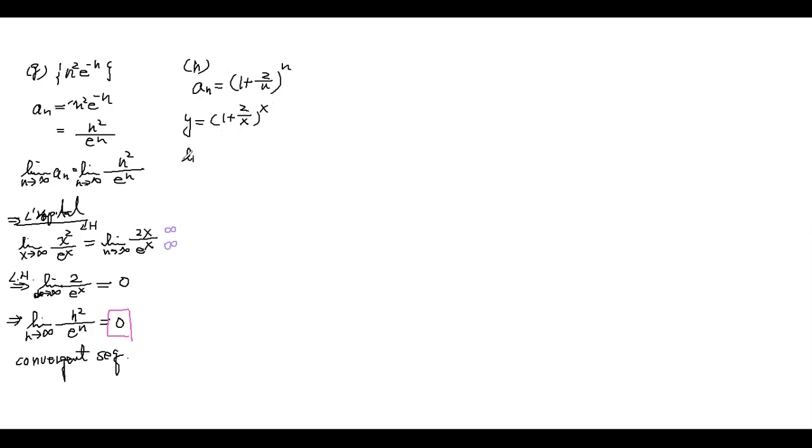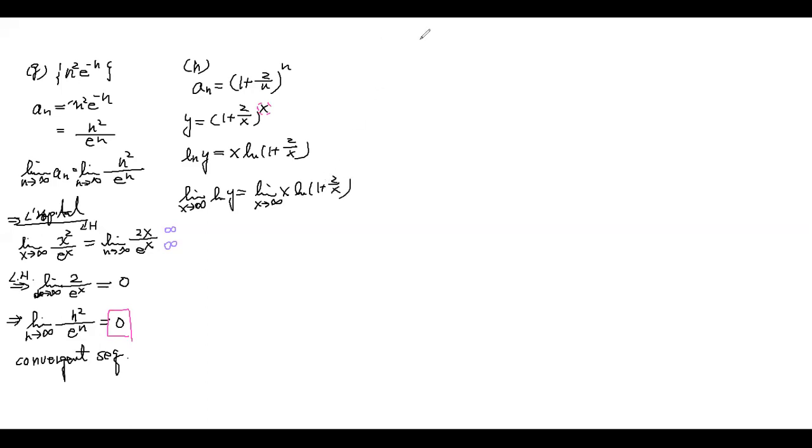We can take the natural log of both sides. When you take the natural log, the exponent can move to the front, so this will be x times the natural log of 1 plus 2 over x. Now take the limit as x approaches infinity of the natural log of y, which equals the limit of x times the natural log of 1 plus 2 over x.